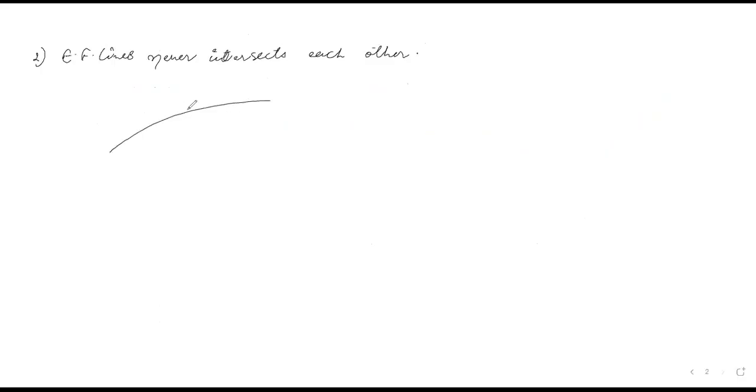Like this, you have two field lines, but these cannot intersect. So we can say two or infinitely many field lines can travel in the same space at the same time without affecting each other.